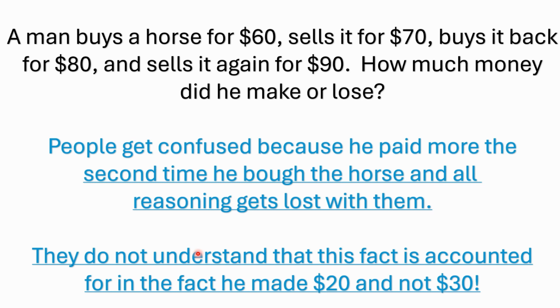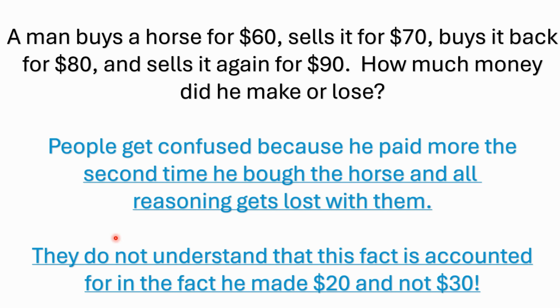I think people are getting confused over the fact that he paid more the second time he bought the horse, and all the reasoning gets lost with them on that. Once that happens, they're really confused and scrambling to try to figure it out. They don't understand that the $80 he paid the second time he bought it is already accounted for in how much he made.